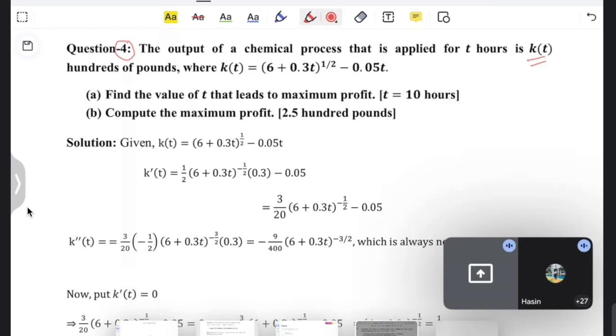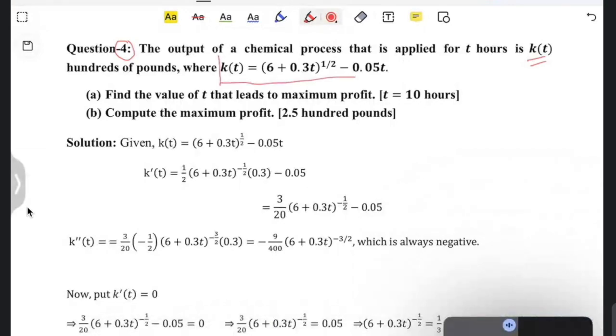So let us solve this problem. Problem 4. Here k(t) is a given function which is the output of a chemical process that is applied for t hours, and k(t) is in hundreds of pounds.